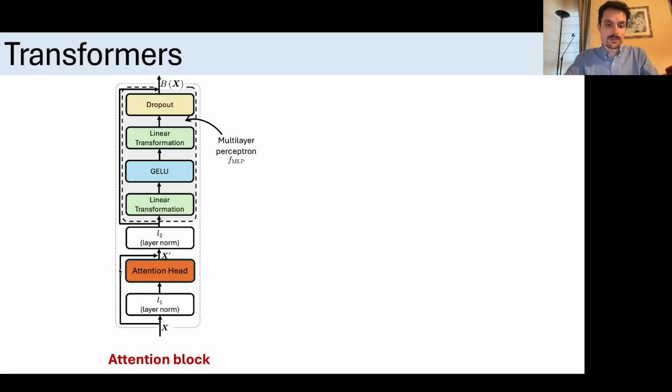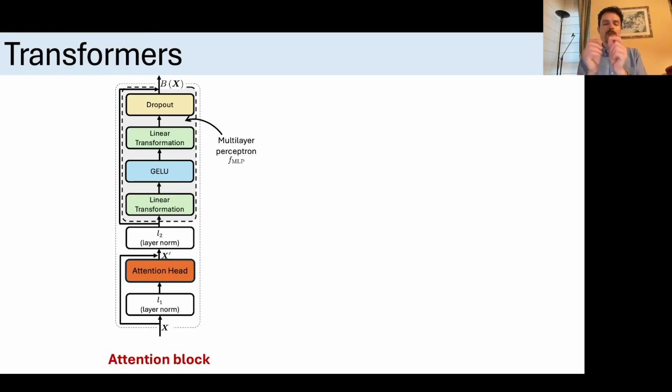We typically have residual connections. This is very, very important. And we typically have a multi-layer perceptron, often with one hidden layer.